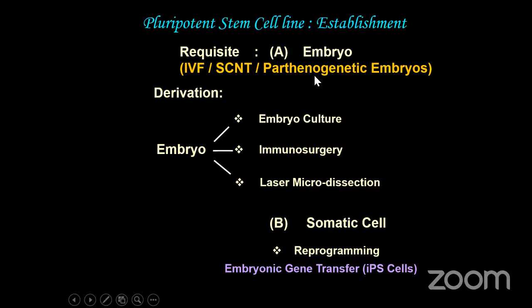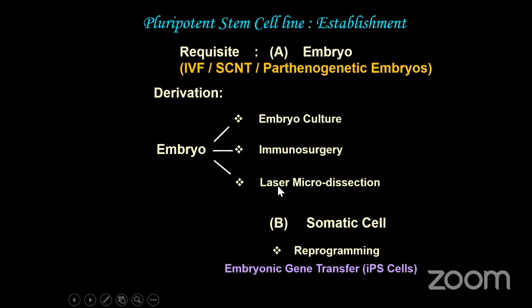From the developing embryo, at a particular stage, as we know, the inner cell mass cells can give rise to the embryonic stem cells. When we take the developing embryo, we can do direct embryo culture, and based on the conditions we provide, the inner cell mass cells can be obtained, propagated and grown to make the embryonic stem cells.